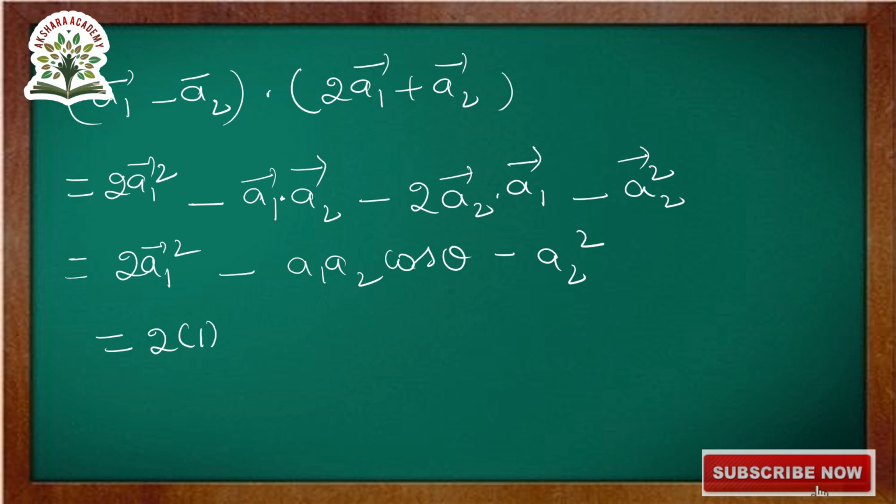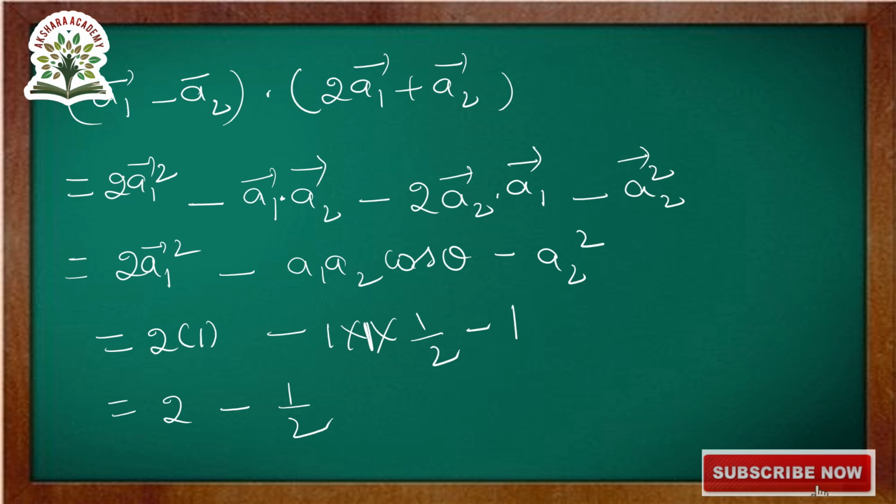Substituting in the place of A1 and A2: 2 minus 1 into cos theta, nothing but 1 by 2, minus A2 square, nothing but 1 square. So 2 minus 1 into 1 by 2 minus 1, here A2 value is equal to 1.